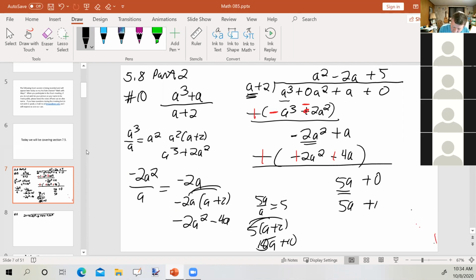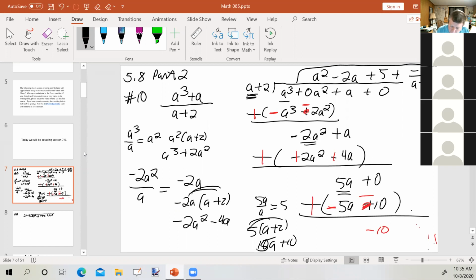So we get 5a plus 10. Subtract that from what's up above. Change it to addition of the opposite. 5a plus negative 5a is 0. 0 plus negative 10 is negative 10. So my answer is a squared minus 2a plus 5 plus the fraction negative 10 over a plus 2. Any questions on that before we go on to the next problem?